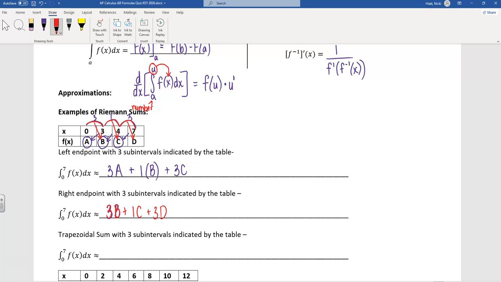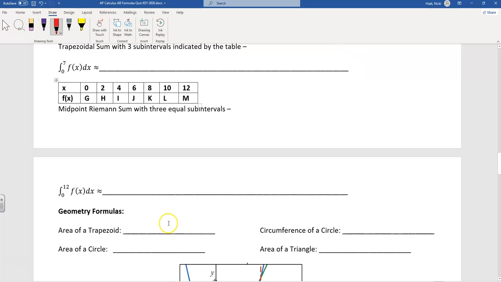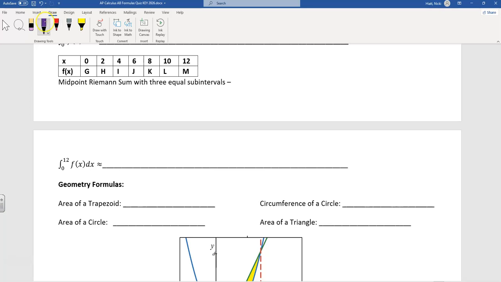Okay. Trapezoidal sum. Let's skip down here. Area of a trapezoid. What was the formula for the area of a trapezoid? That is a triangle. Let's put it over here. That is 1/2 base times height.